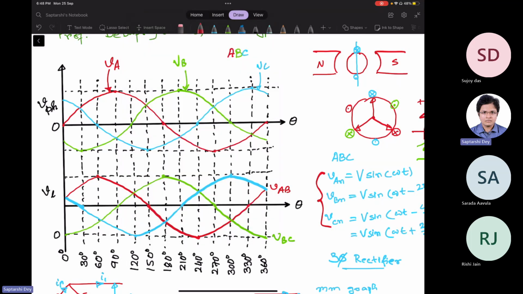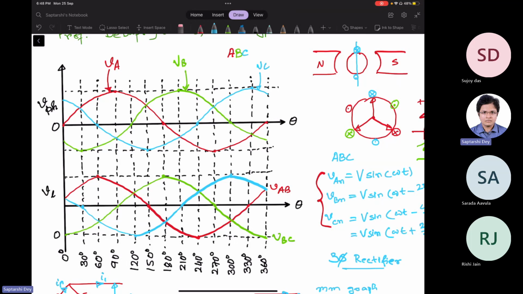Anyway, so like this you will get. So this is how you draw three-phase voltage and current waveforms.